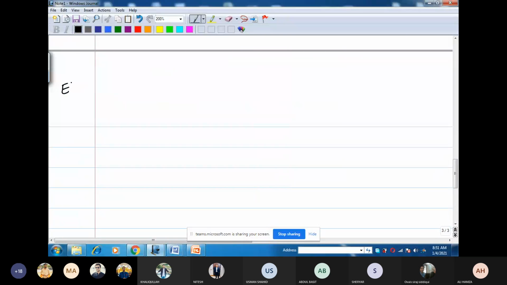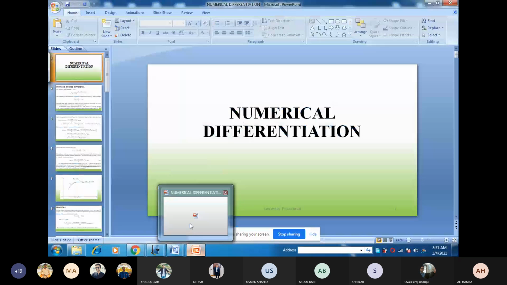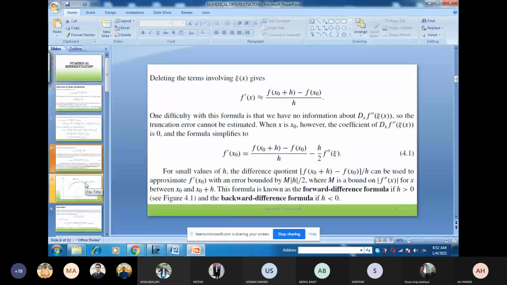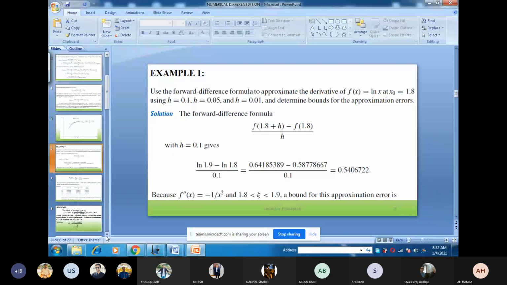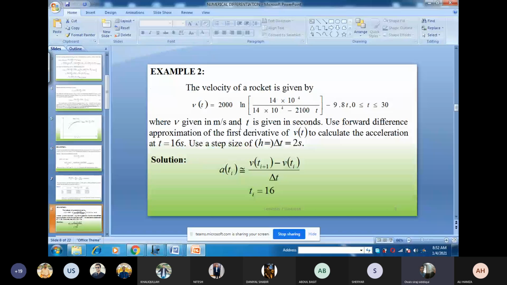नाउ एप्लीकेशन एग्जांपल है, एग्जांपल नंबर 2, we have this is example number 2. The velocity of a rocket is given by this.